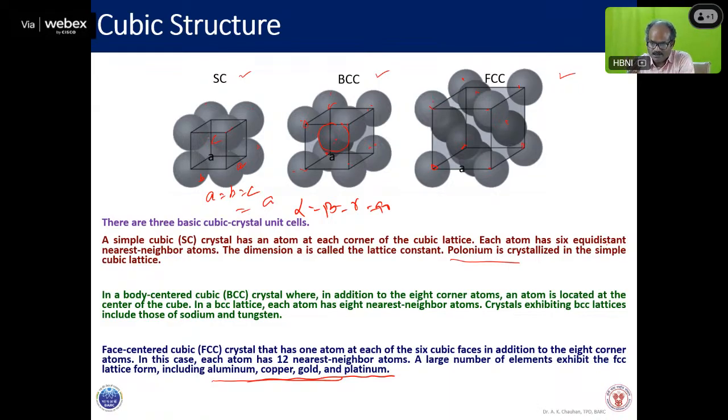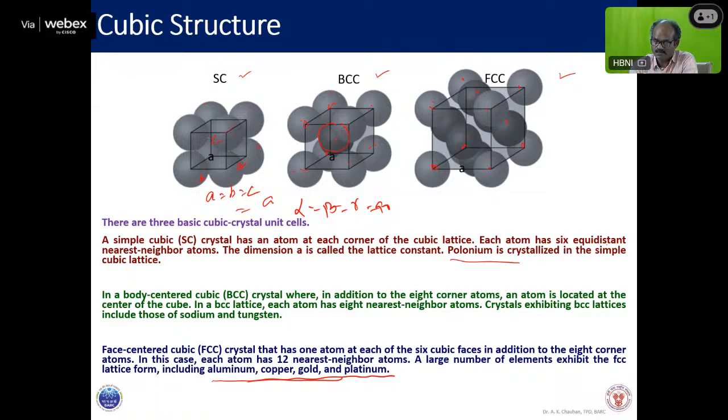That latent heat has to be passed away from the interface to the atmosphere. If you can remove that entire heat, all those atoms will go and sit at the minimum energy positions, which is actually FCC.